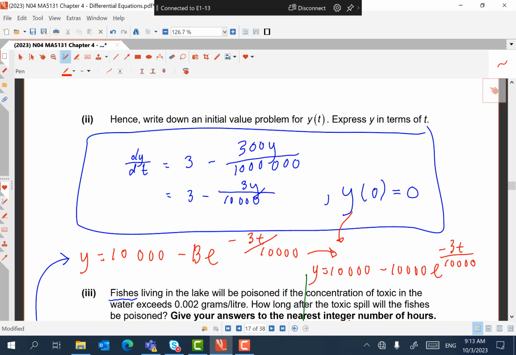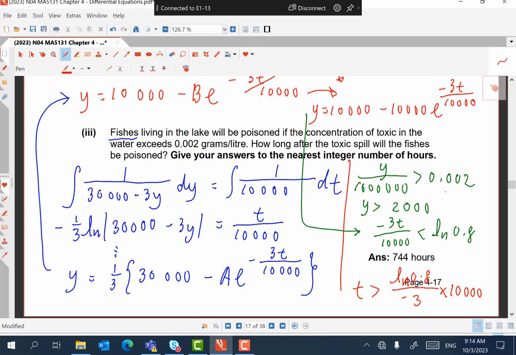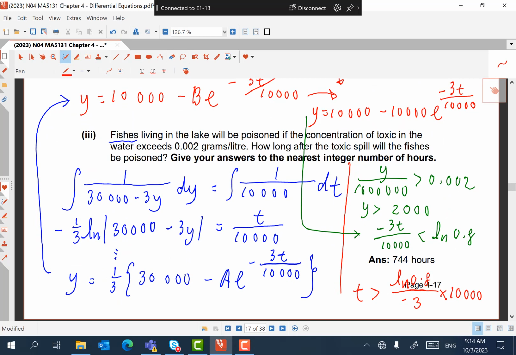Okay, Kurtish, could you verify if I am right? I'm correct? Thank you. What do you have in the end? Do you have something like this for the green color? Oh, the answer is there. 744 hours. I need a calculator. Is it correct? Thank you.